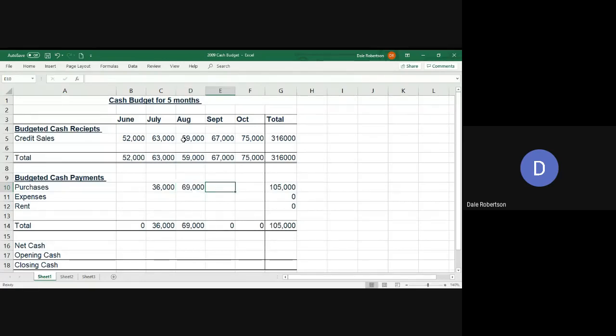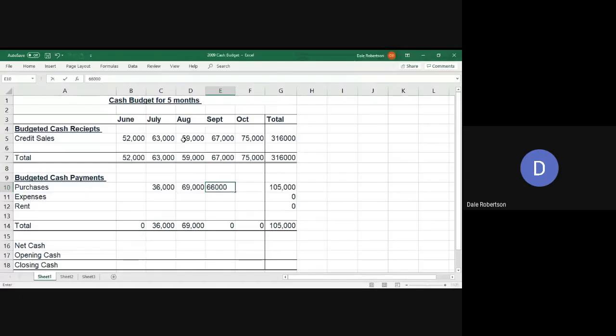Now that has a knock-on effect for September, because in September you should be paying that 18,000, but those were bought in the month of August. We're not going to pay for them again in September.